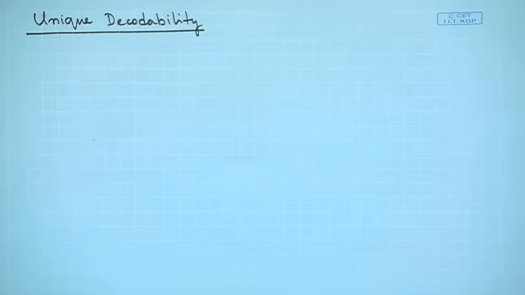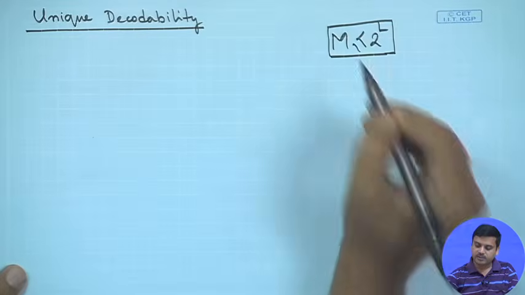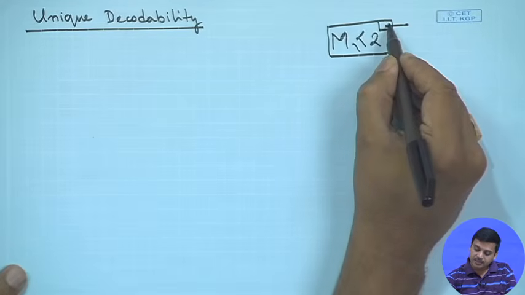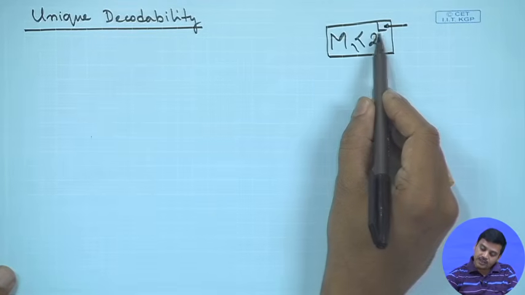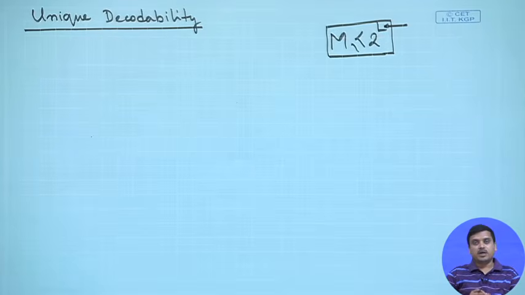At this point, if we try to recall the fixed length code words, you would remember that we said M should be less than or equal to 2 to the power of L. This is the particular criterion that we had set for fixed length code, whereby L is the minimum integer for which this condition is satisfied, such that each of the symbols is assigned a unique code word.